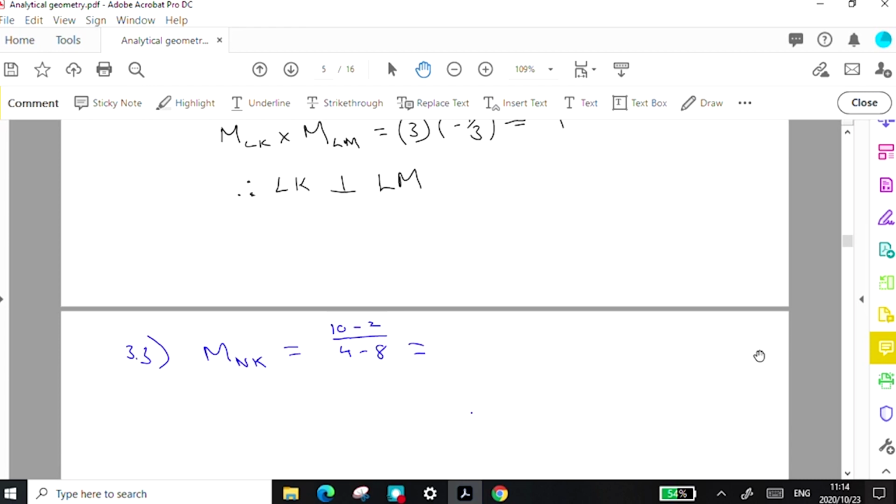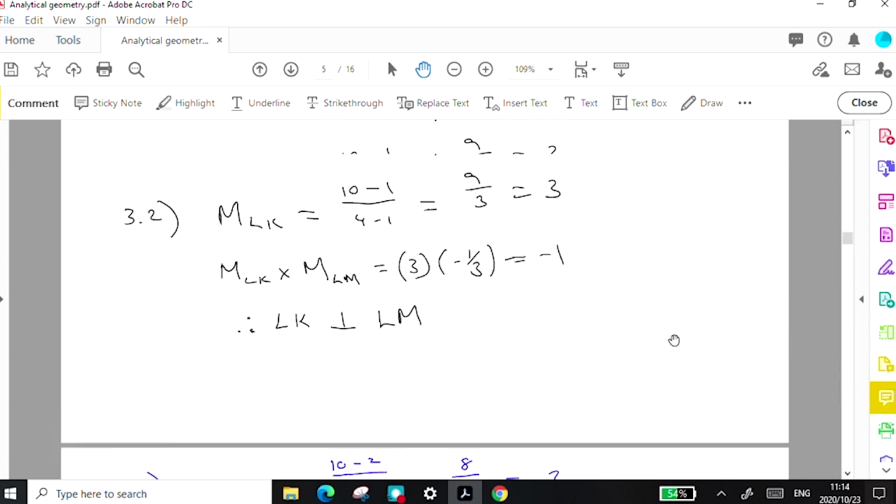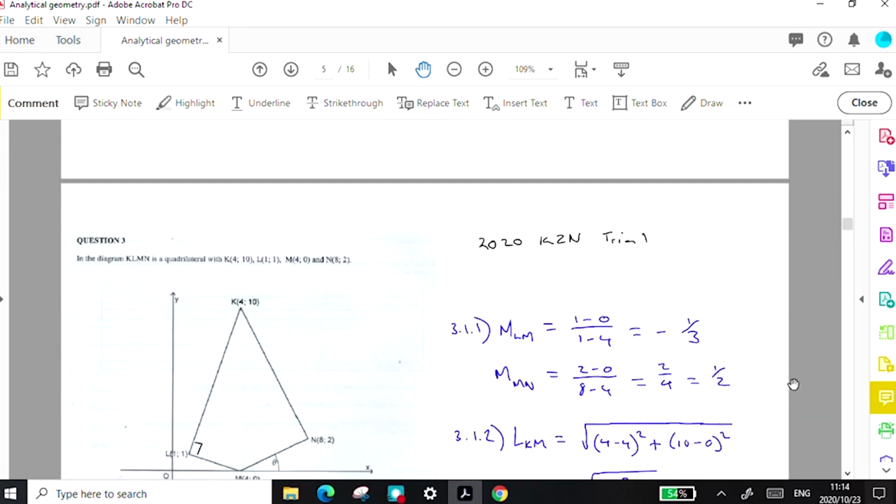So here we have 8 divided by minus 4, which is equal to minus 2, as expected. So the gradient of NK is minus 2.